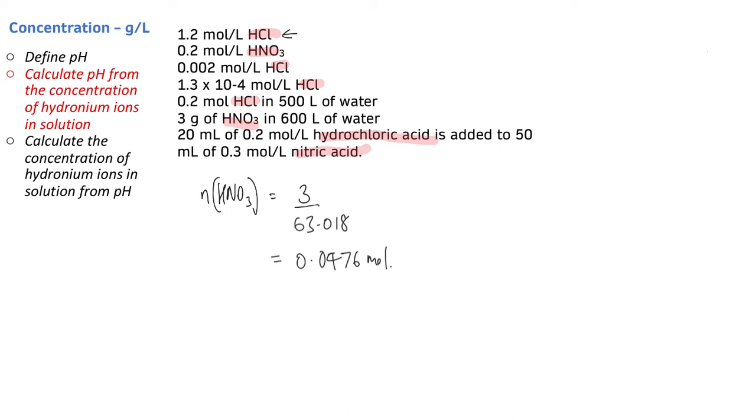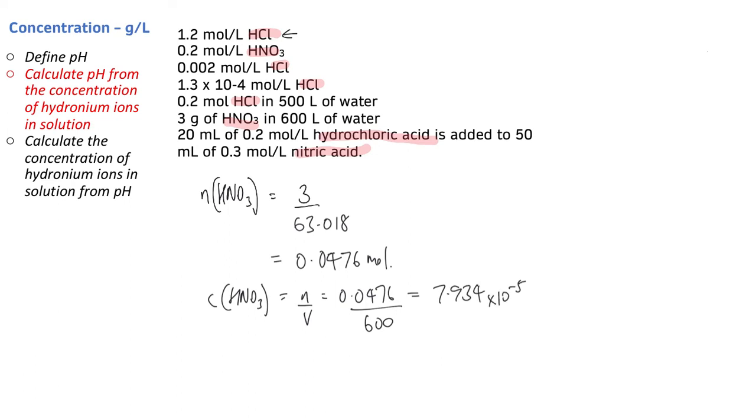Now remember, I cannot use the pH yet because I haven't got the concentration. It has to be in concentration. So now I have to get the concentration of HNO3, which will be equal to n on V, which will be 0.0476 over 600, which equals 7.934 times 10 to the negative 5.